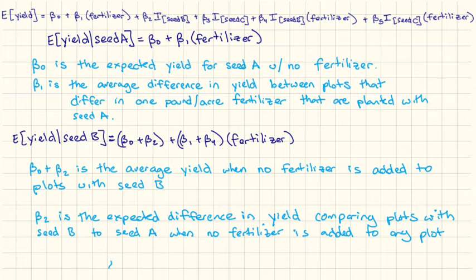If I had added fertilizer, then I couldn't have gotten rid of beta 4. So before we would say that it's the expected difference and it didn't matter what fertilizer is, but now it does.